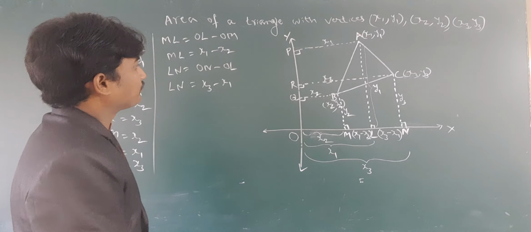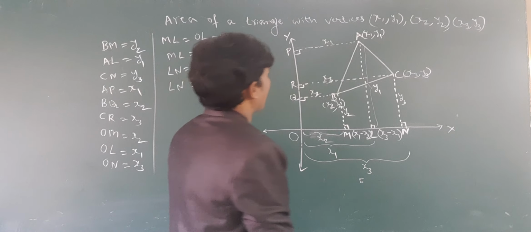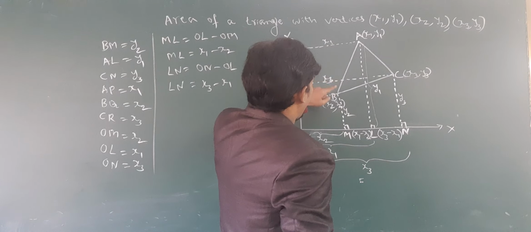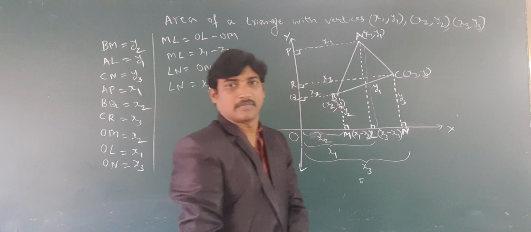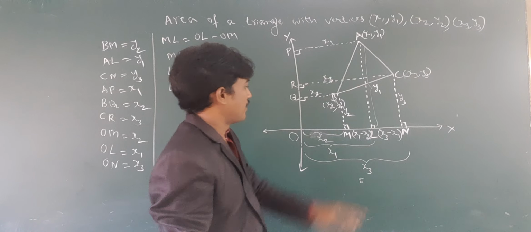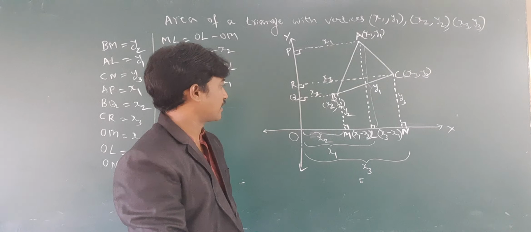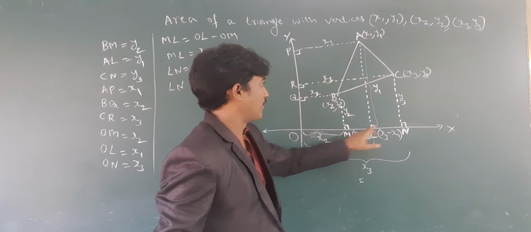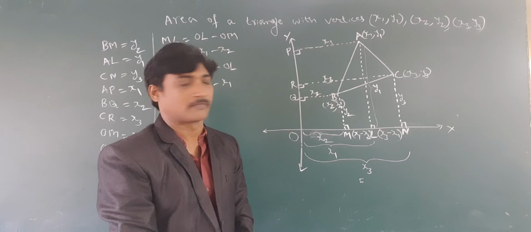Next, if we observe, BMLA is a quadrilateral, ALNC is another quadrilateral, and BMNC is also a quadrilateral.